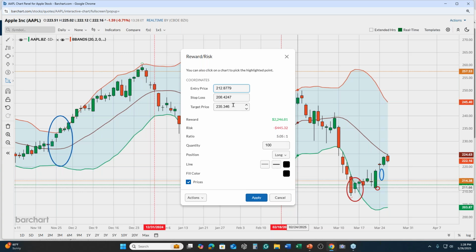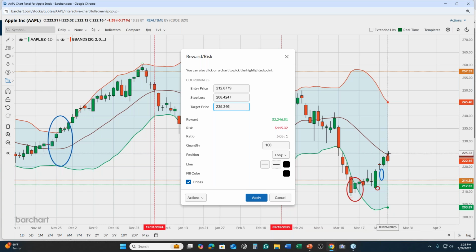Now, in this example here, I have to be respectful of the mean. In other words, as price continues to move higher and time goes on, you will see a convergence of both price and the mean. Now, I have to respect this because this is a re-engagement of a downtrend.